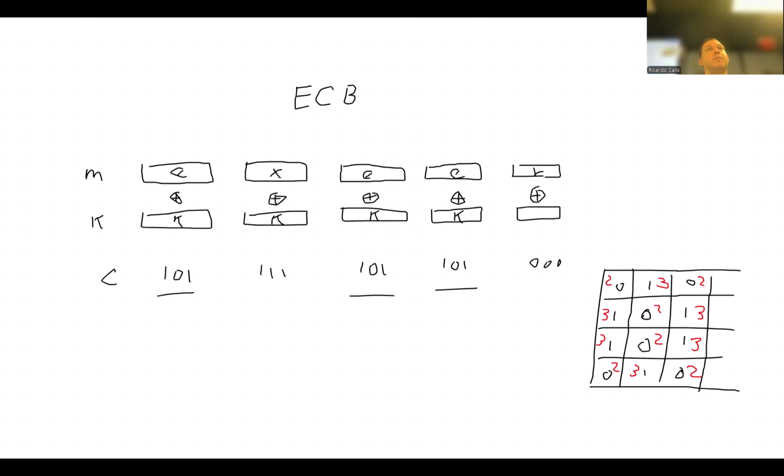But we need to start to think about better algorithms for solving this problem. Got it? So this is the justification for the next set of algorithms that we're going to be exploring. All right. Any questions or anything? That kind of wraps up this idea of the one-time pad and what makes a secure cipher.